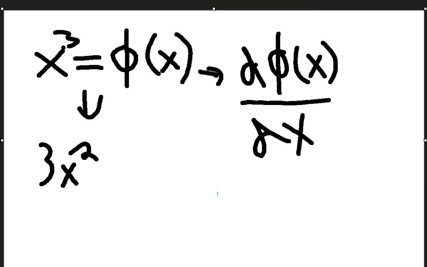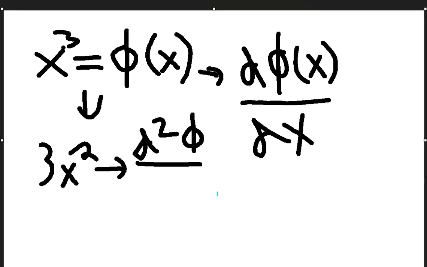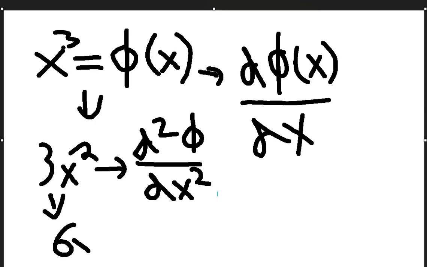And if we take the derivative again, then this would be d squared phi divided by dx squared. I'm probably saying this wrong. These are not squares, this is the second derivative. Take the derivative again, and it will turn into 6x.